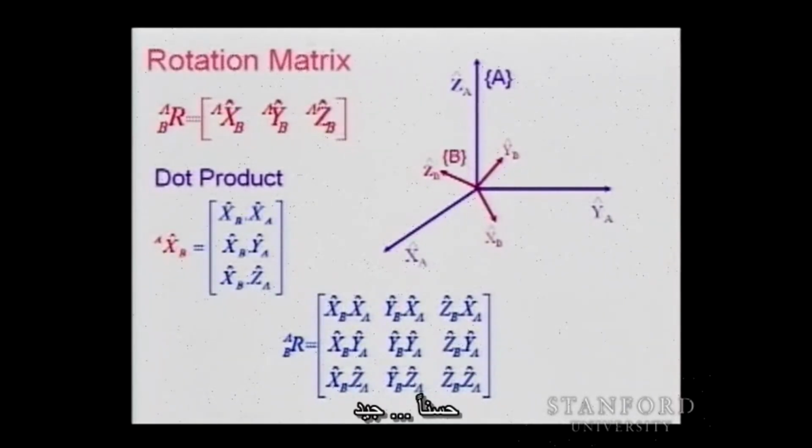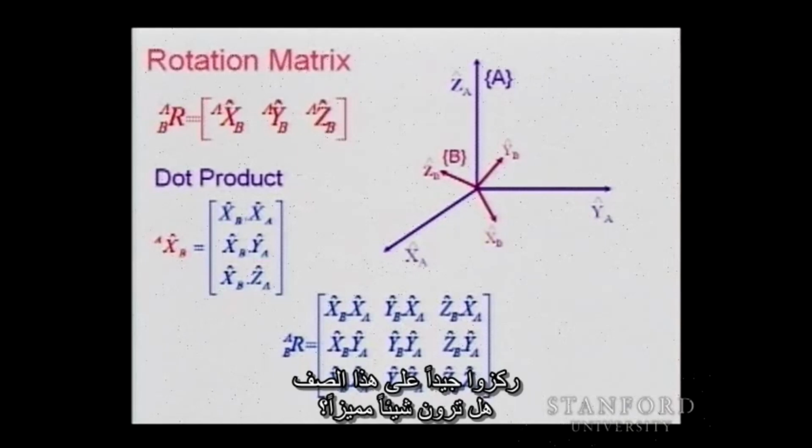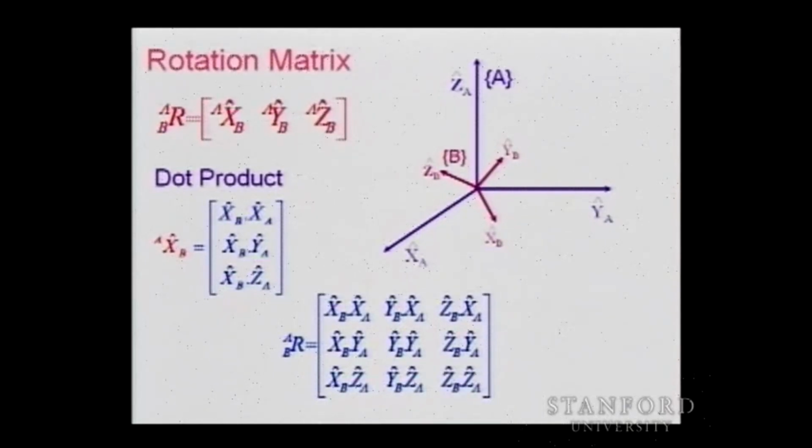Okay, good. So focus on this and look at this row. Do you see anything special? Here you have x, x, x, x, y, z.